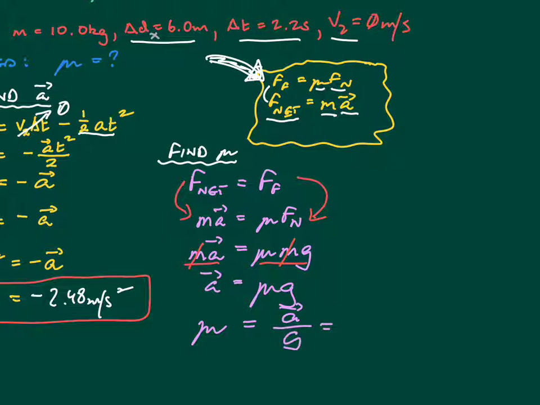And of course we can solve for that, negative 2.48 over g, which is 9.81. And we get a value for mu. And that value for mu, you guys can solve off your own back. But it is considerably less than 1. And that is the coefficient of friction.